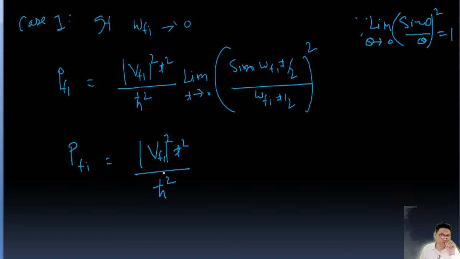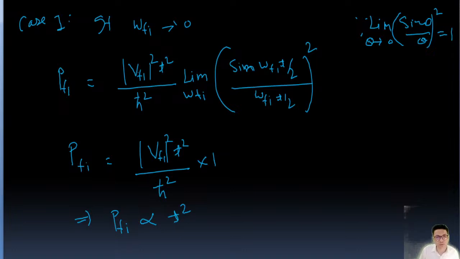So P_fi is this into 1. Omega fi tends to 0, so this value is going to be 1. This means P_fi is proportional to t square.